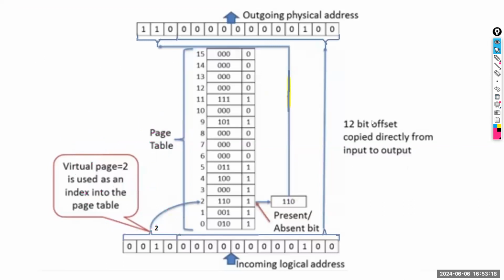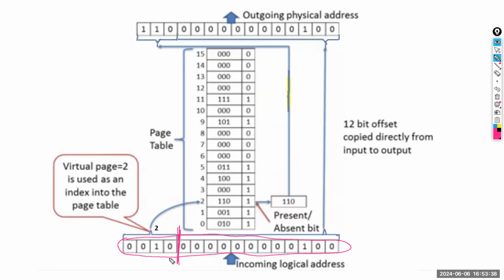So this is another example, a much clearer example actually. Say this is my logical address, and let's assume you know the separation point.